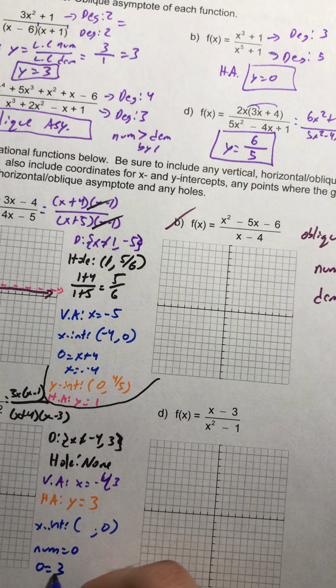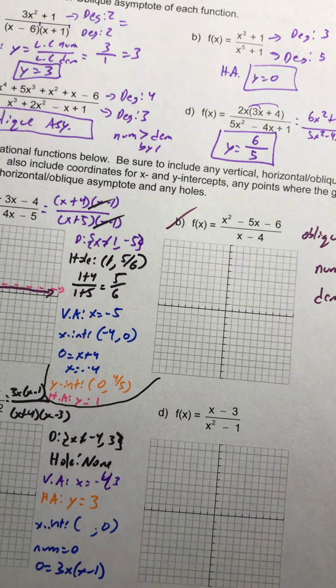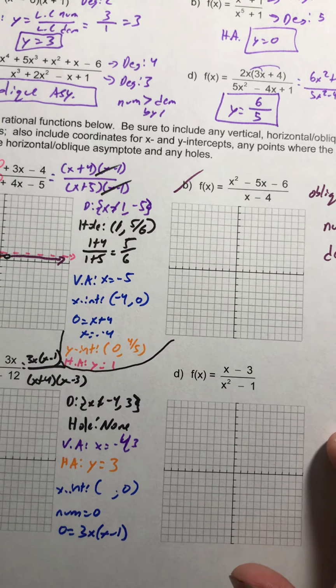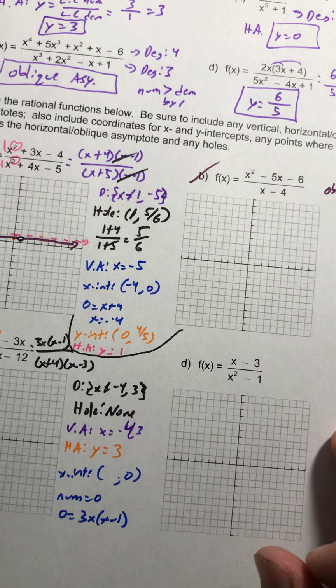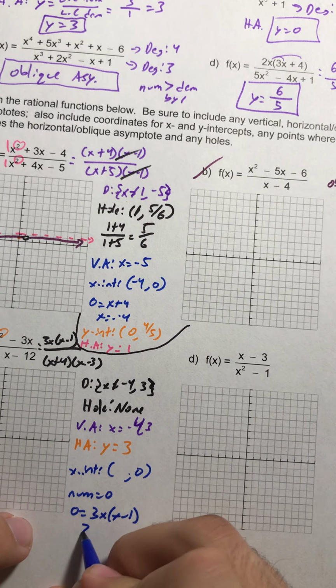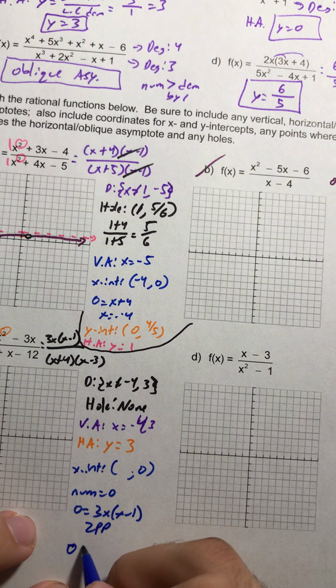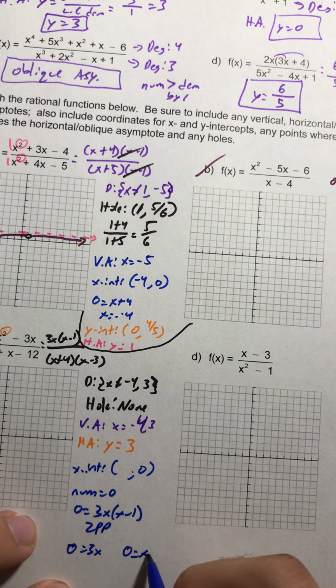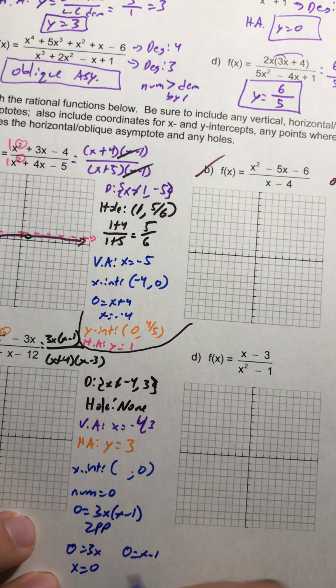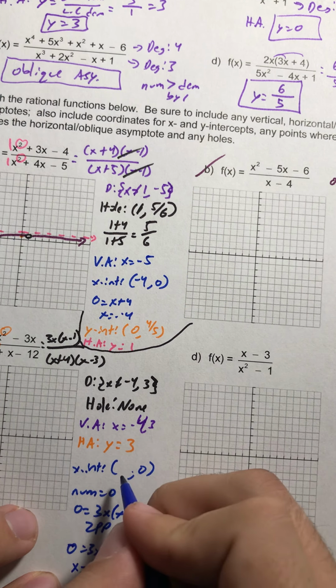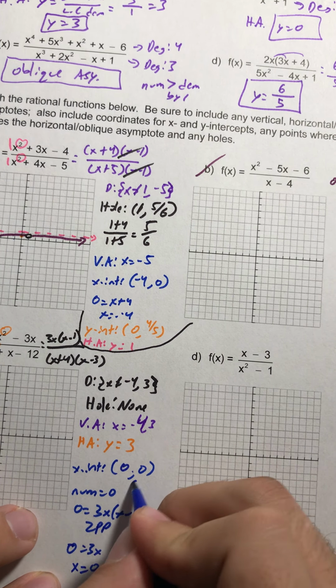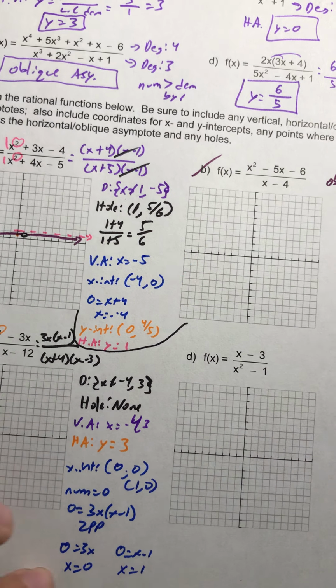So 0 equals 3x times x minus 1. I actually have to do the zero product property here. I'm going to have two potential x-intercepts. So 0 equals 3x, 0 equals x minus 1. So that means x equals 0 and x equals 1. So my x-intercepts are (0, 0) and (1, 0).